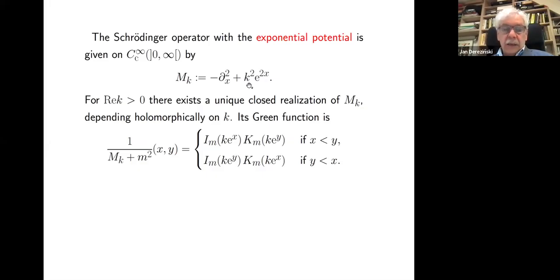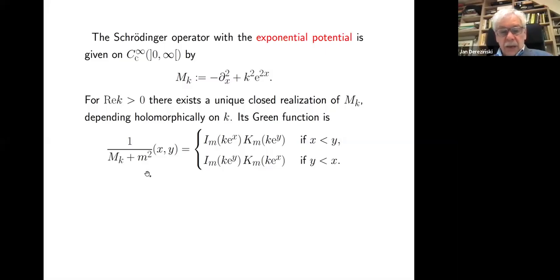Now, here, if we assume that the real part of k is positive, then again, there exists a unique closed realization of this formal operator. You can compute its Green functions. So you have this expression in terms of the Bessel function and the McDonald function.